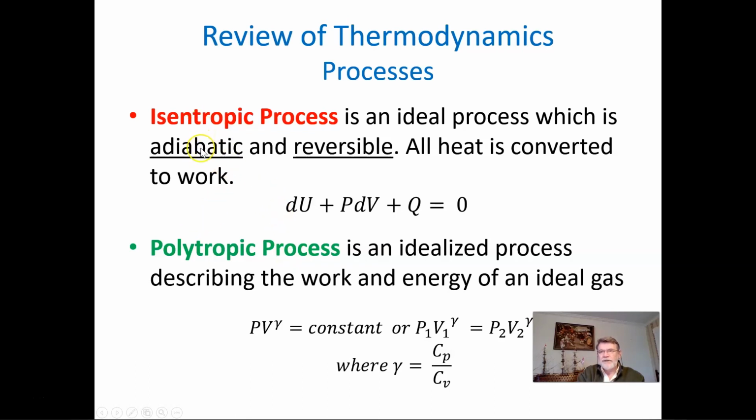Isentropic is necessarily adiabatic. Isentropic is also necessarily reversible. So that means that all the heat is directly converted to work.